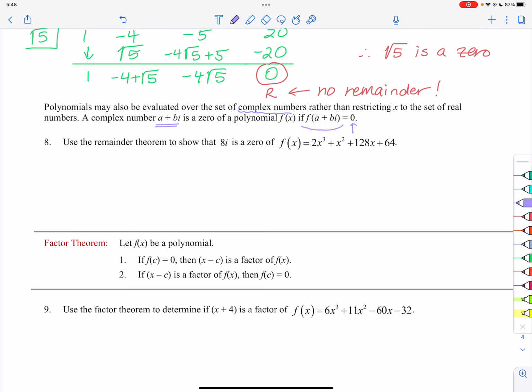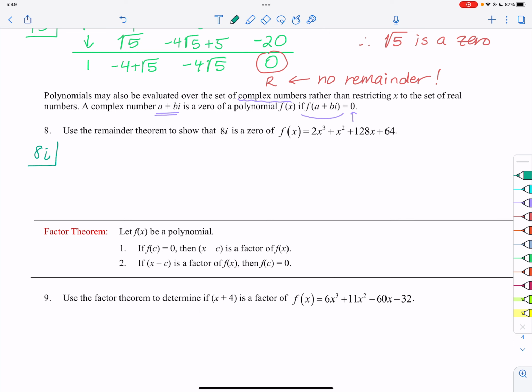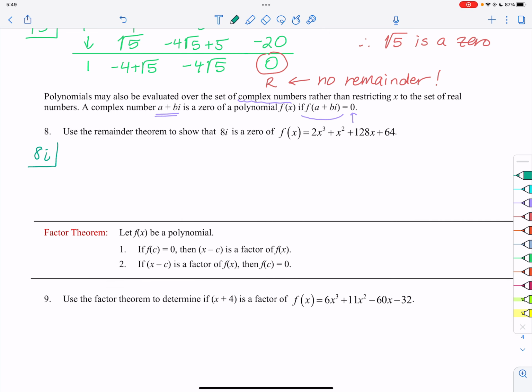So in number 8, we are going to show that 8i is a 0. So if 8i is a 0 of this polynomial, we are looking for a remainder of 0. Show means show the remainder is equal to 0. So let's go ahead and put our coefficients in. 2, 1, 128, and 64.